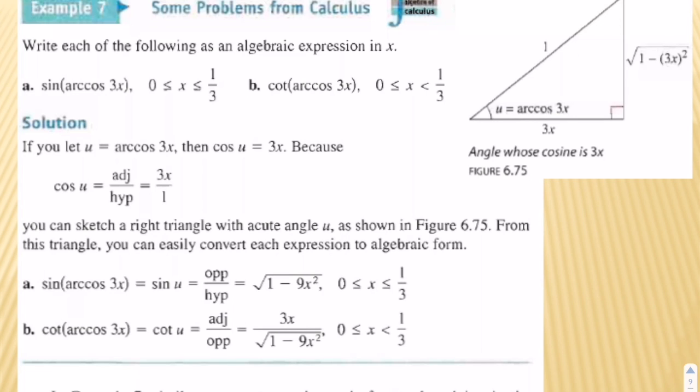A is saying what is the sine of the inverse cosine now of some ratio 3x. And they're saying to consider x to be something from 0 to 1/3. Now think about that, because 3 times x is going to be 1 if x was equal to 1/3, because 3 times 1/3 is 1.